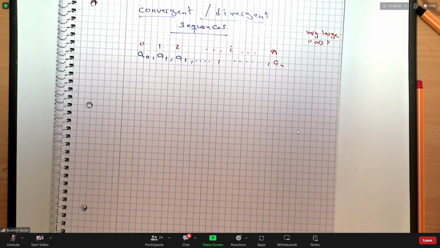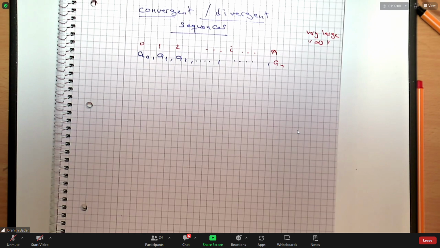Either the sequence will be approaching some constant number, in which case we call it a converging sequence. Or it will just go wild, very, very large, or have no pattern of approaching a number, and this is what we call divergent. Convergent, divergent.